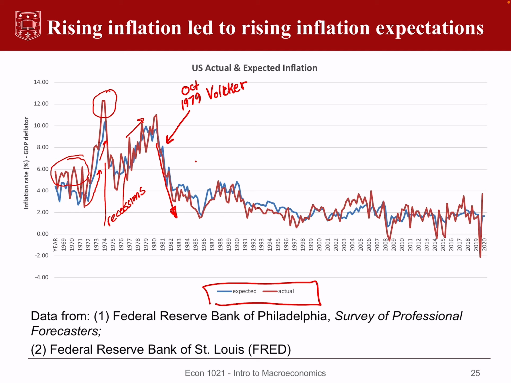It took a long time for people's expectations of inflation to drop either to the level of actual inflation or below it, as you tend to see. And there are some interesting periods, say in the early 1990s, we had a bit of an uptick in economic activity, and people were convinced that we were going to return to the period of the 1970s.